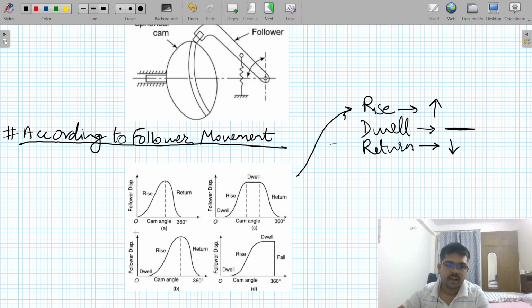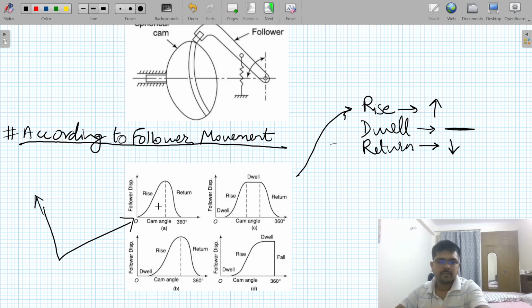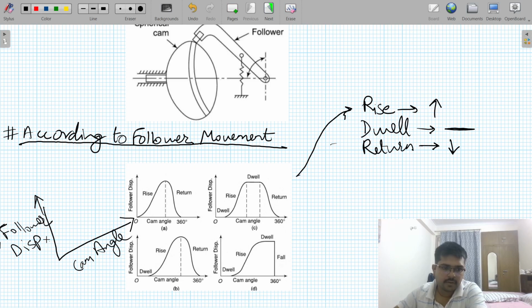So like this, we can have a graph with cam angle on the x-axis and follower displacement on the y-axis.